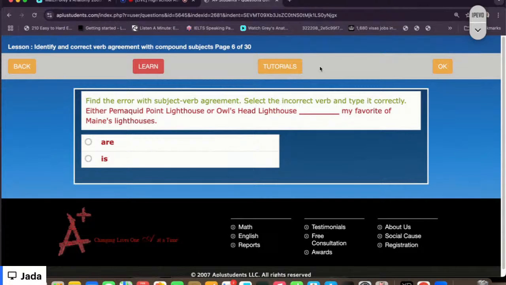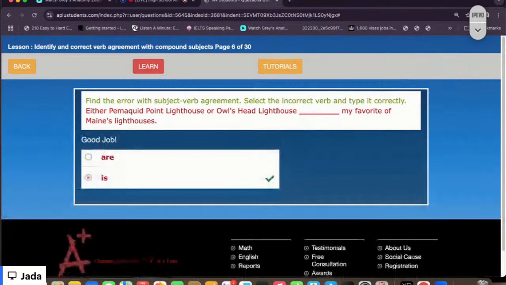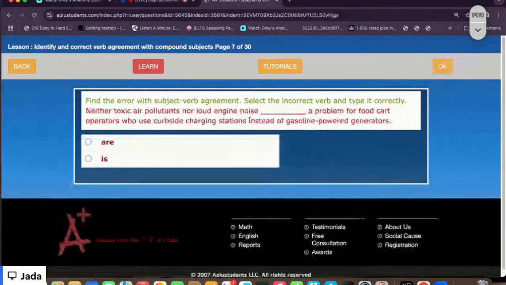So is my favorite, because the closest to the verb is singular.